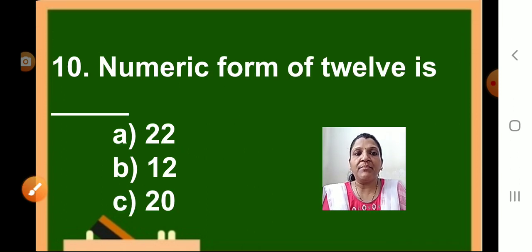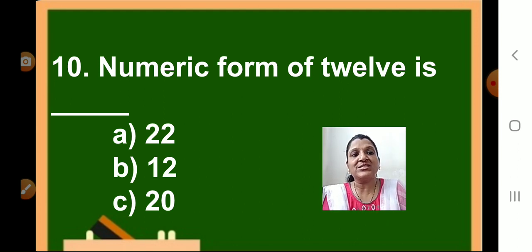Question number 10. Numeric form of TWELVE 12 is dash. Let's read it again. Numeric form of TWELVE 12 is dash. Now children, what is numeric form?